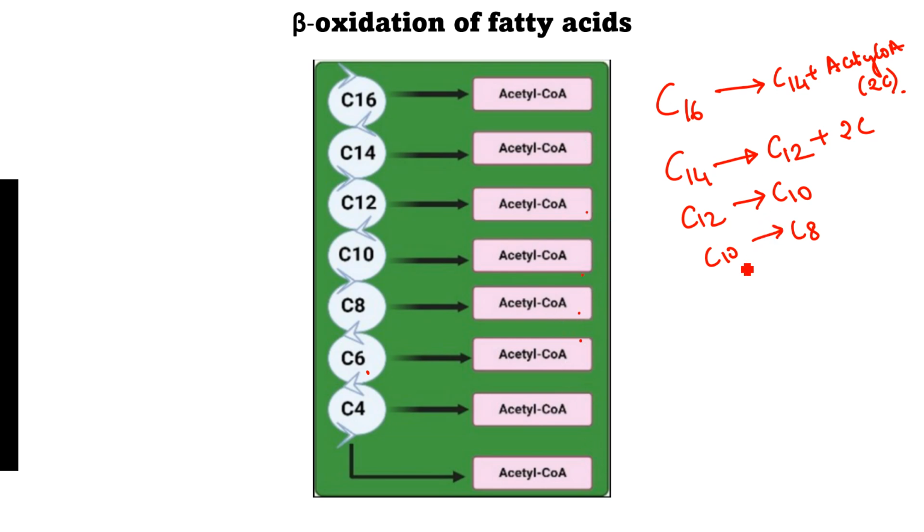You are getting 8, because C8 will be converted into C6, then C6 to C4, and then C4 ultimately will give only acetyl CoA. Ultimately, what you will be left with is acetyl CoA. So if C16 has to be completely oxidized, you will get 8 molecules of acetyl CoA.